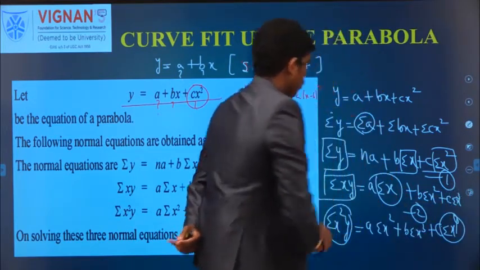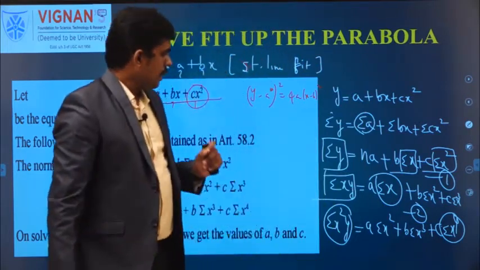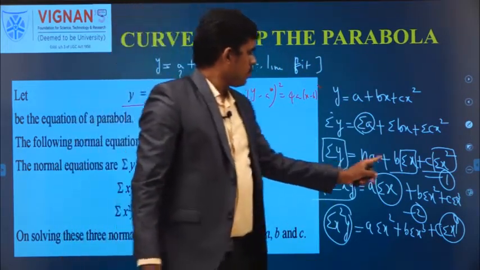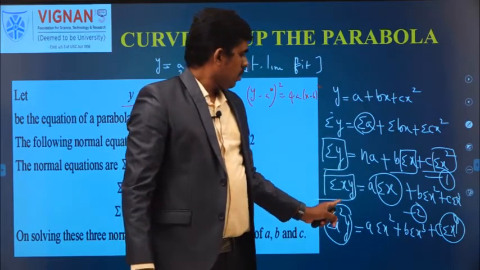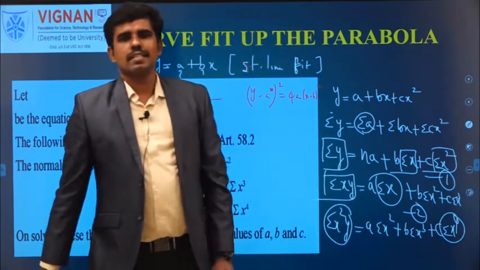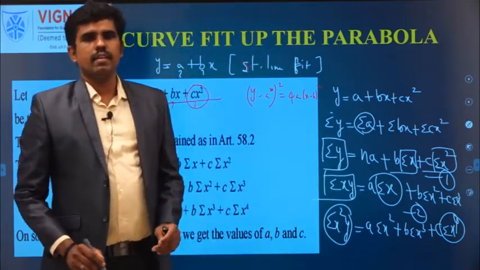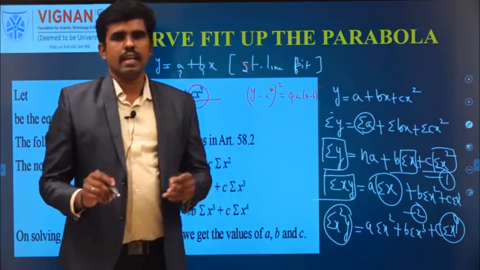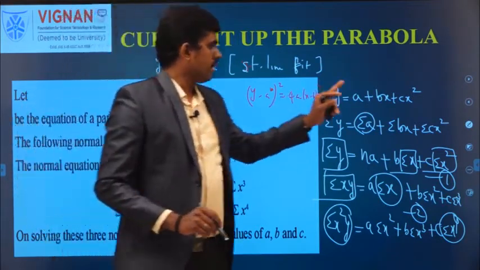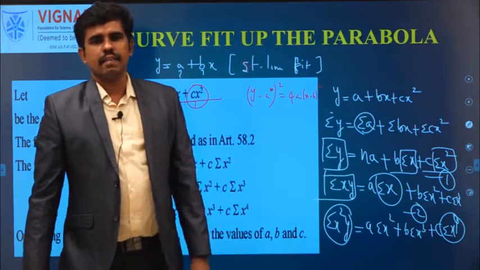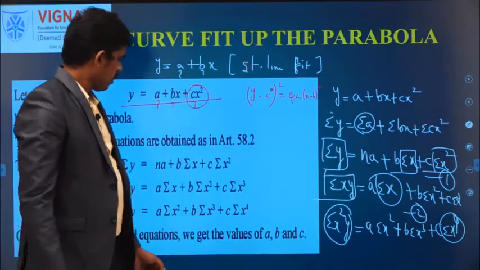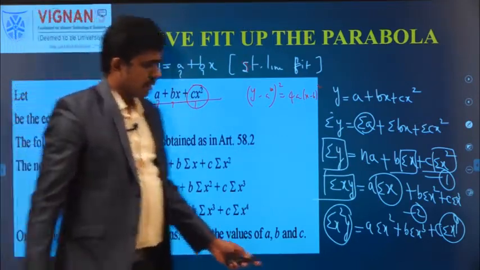So how many values do I need? 1, 2, 3, 4, 5, 6. I need 6 values to find a, b and c to fit a parabola for the given data.